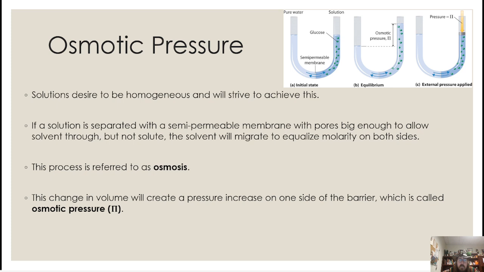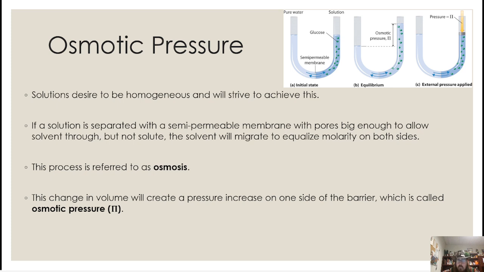If a solution is separated by a semi-permeable membrane, whose pores are just big enough to allow the solvent through but not the solute, solvent will naturally migrate from the pure solvent to the solution phase to try to get the concentration just about equal on both sides. This process is called osmosis.